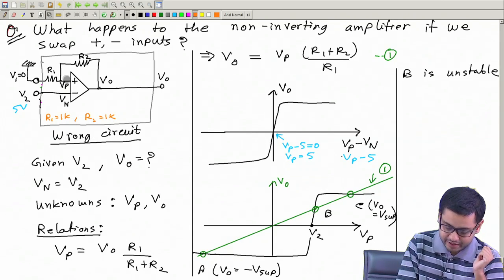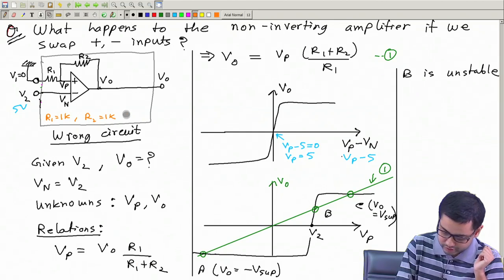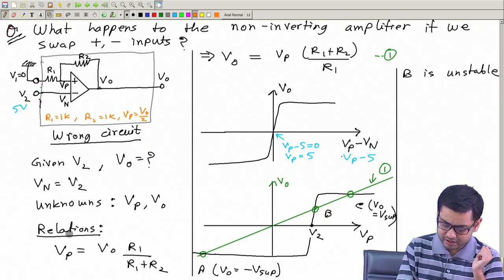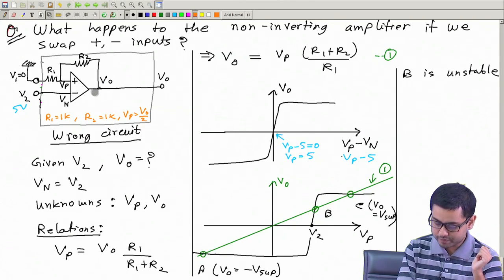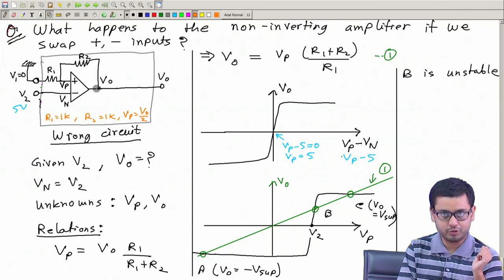This implies Vp is equal to VO by 2. Start with the assumption that VO is plus 15 volt. Then Vp will be 7.5 volt, which is greater than Vn, so we will stay at the positive output.